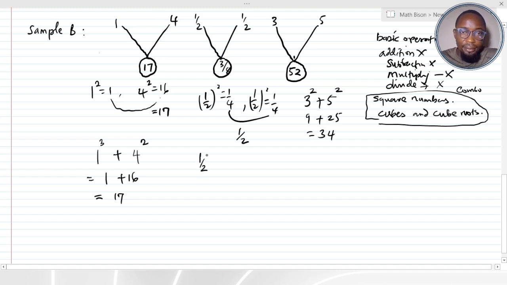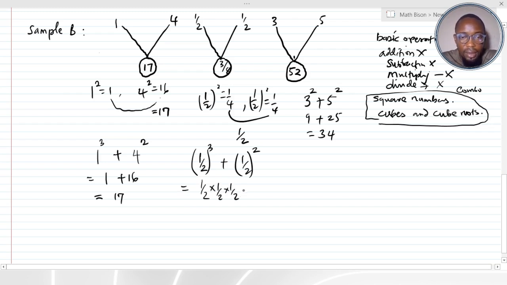So you have half cubed, and you have another half and it's squared this time. So how do we go? The next thing is half cubed is just half times half times half, and this gives you 1 over 8. And where you have half squared is just 1 over 2 times 1 over 2, and this gives you 1 over 4.